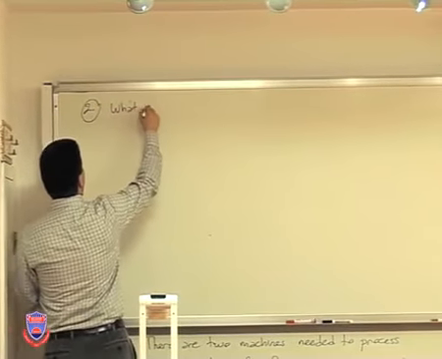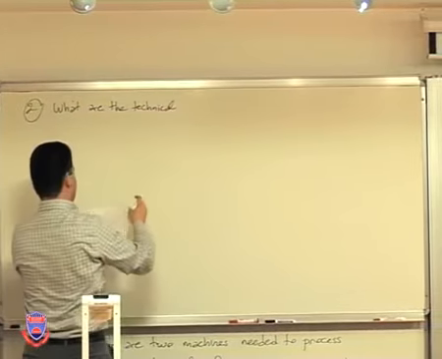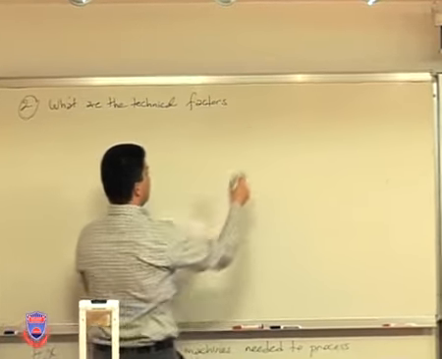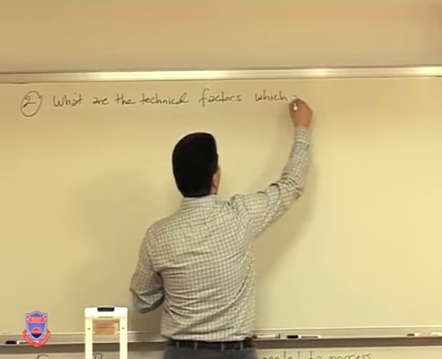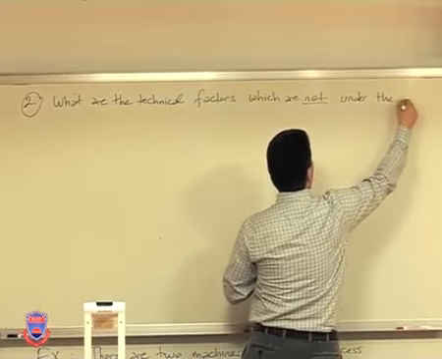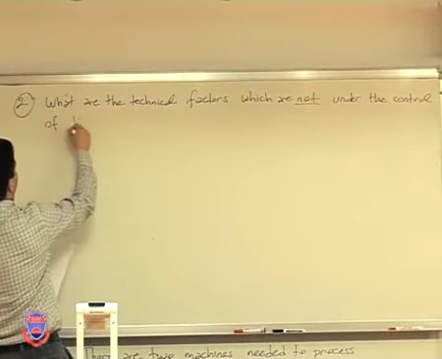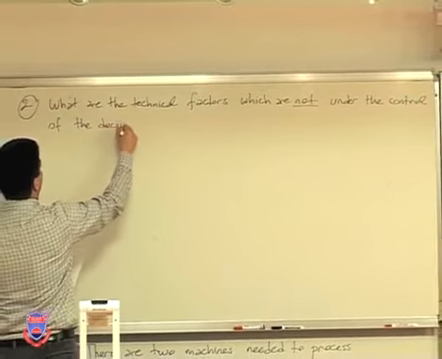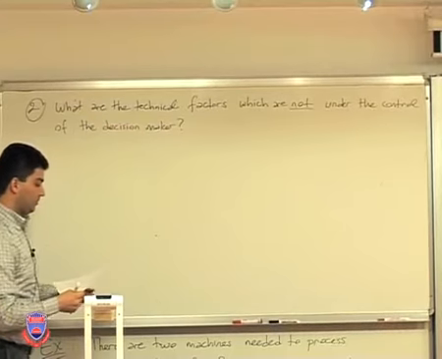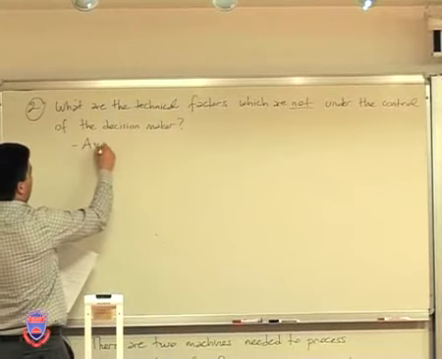So what are the technical factors which are not under the control of the decision maker? Well, as I said, available machine hours would be one of them.